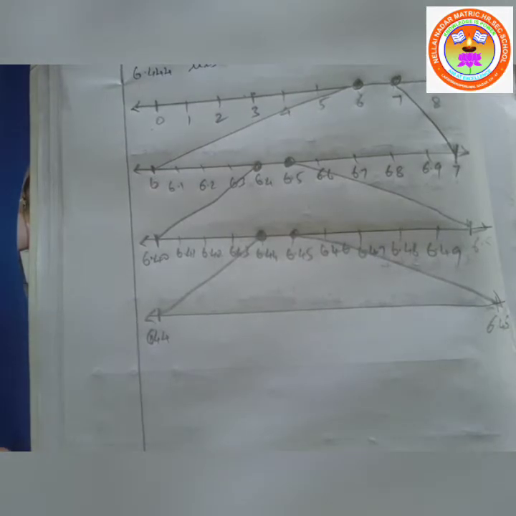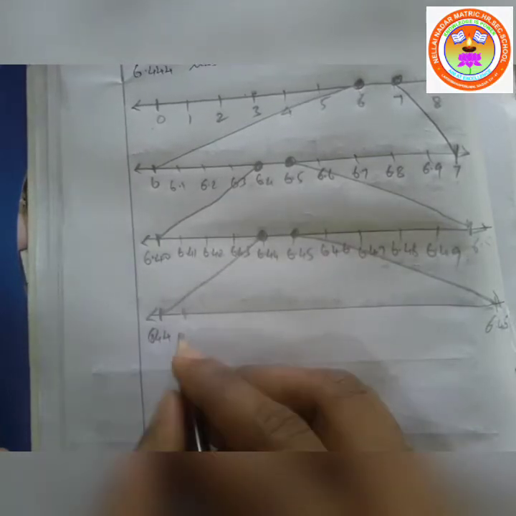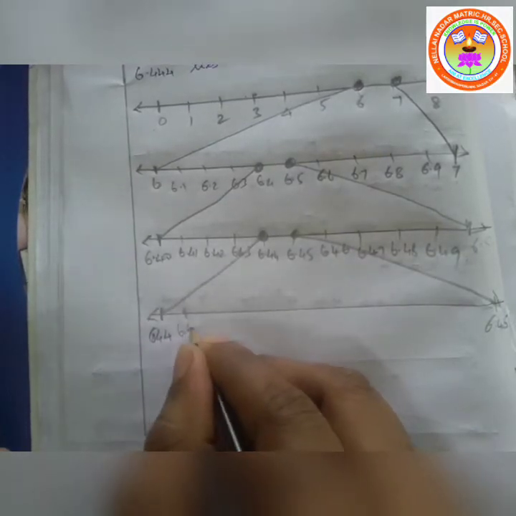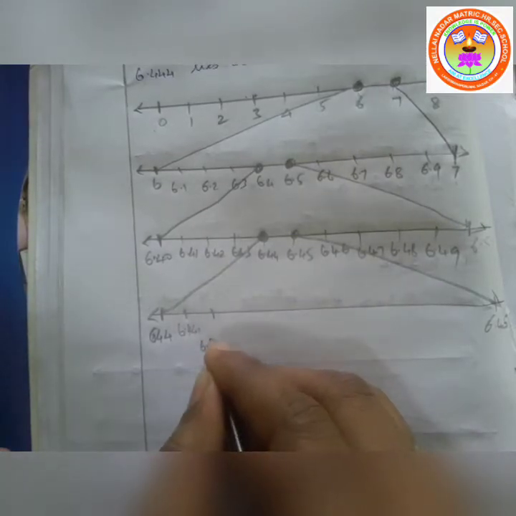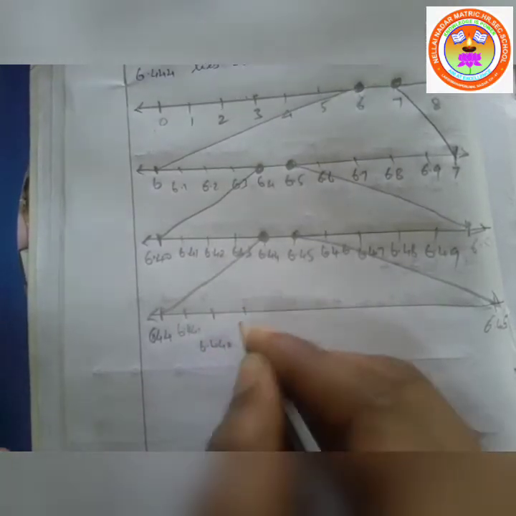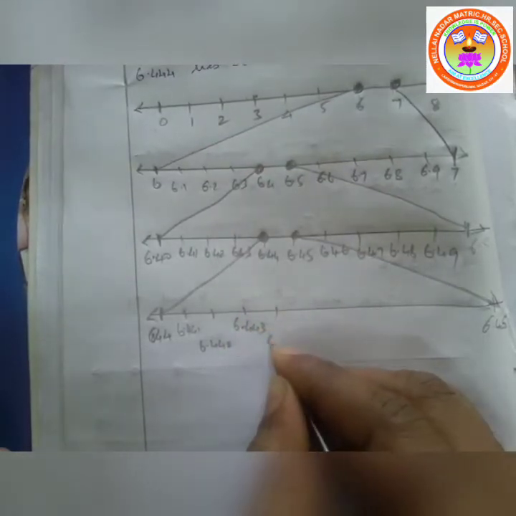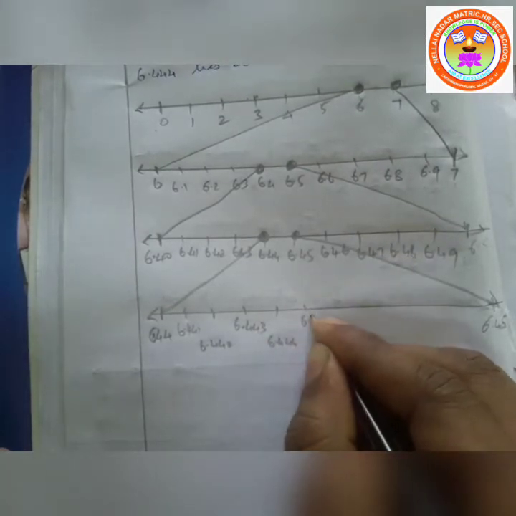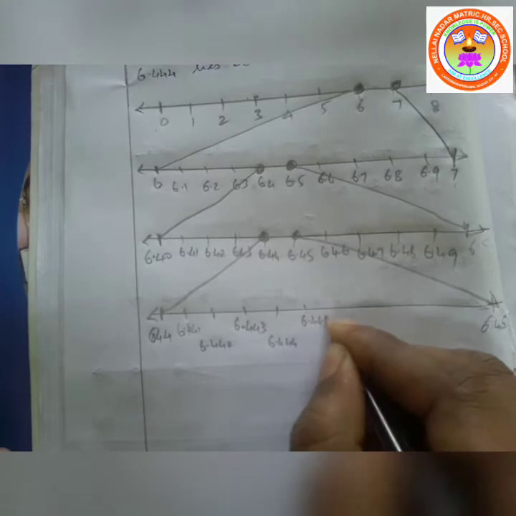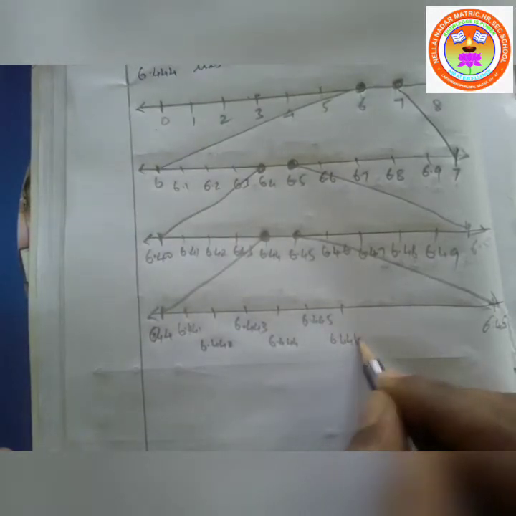Now tell me, the first number will be 6.441. The second number will be 6.442. The third number will be 6.443. The fourth number will be 6.444. The fifth number will be 6.445. The sixth number will be 6.446.